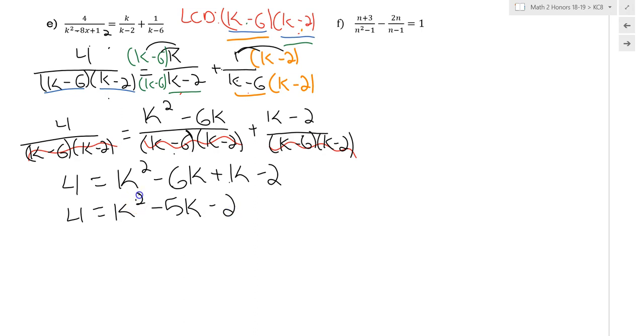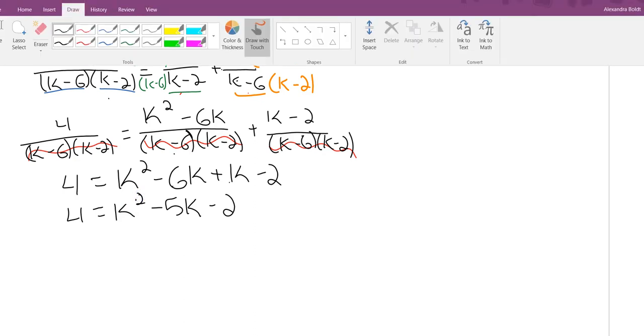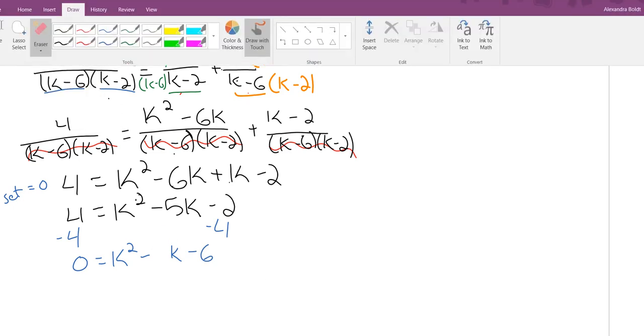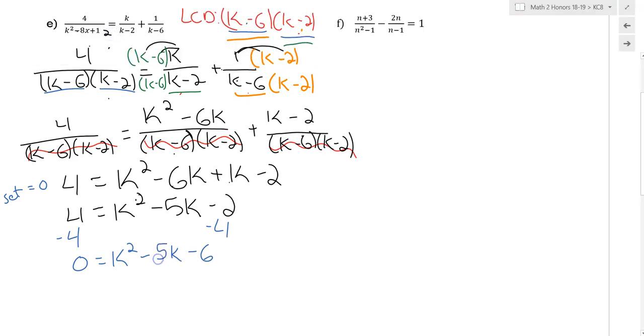Now, this one has a quadratic, so we have to set it equal to 0. So I'm going to subtract 4. So 0 equals k squared minus 5k minus 6. I just wrote k instead of 5k. K squared minus 5k minus 6.